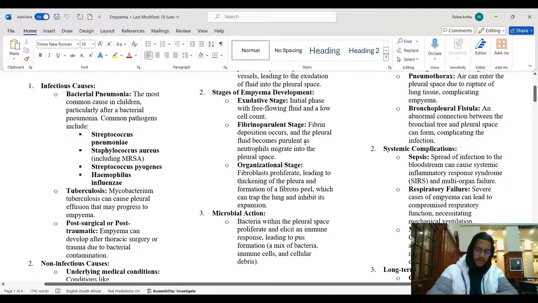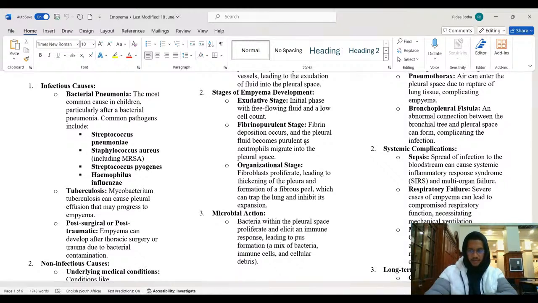Systemic complications include sepsis, and it can cause SIRS, systemic inflammatory response syndrome, as well as multi-organ failure and respiratory failure, compromising function and requiring mechanical ventilation, as well as malnutrition and loss of weight.